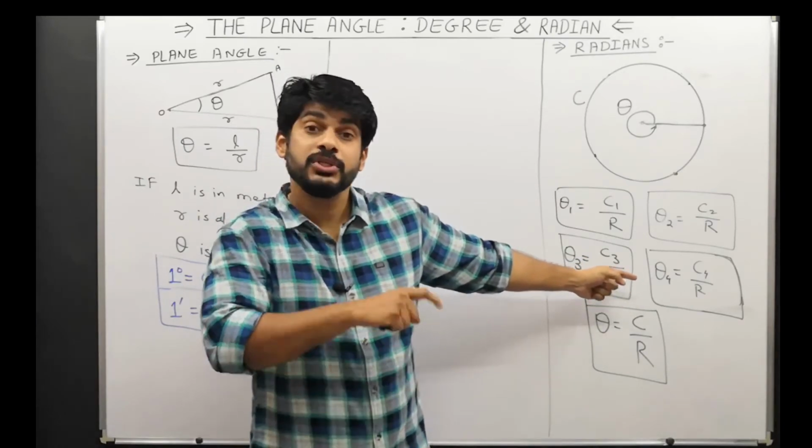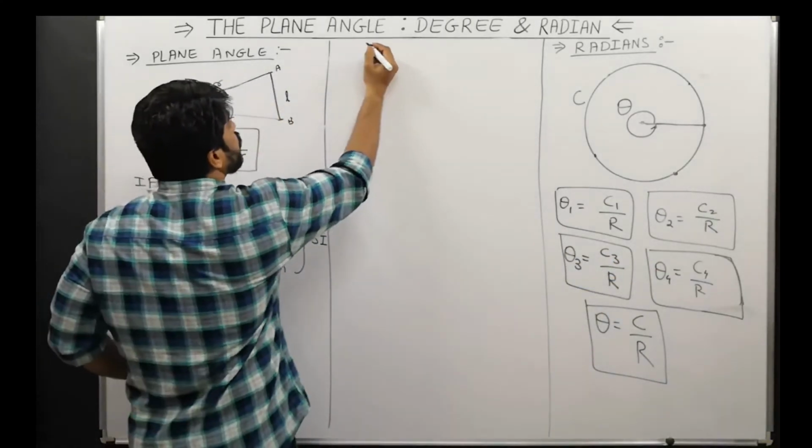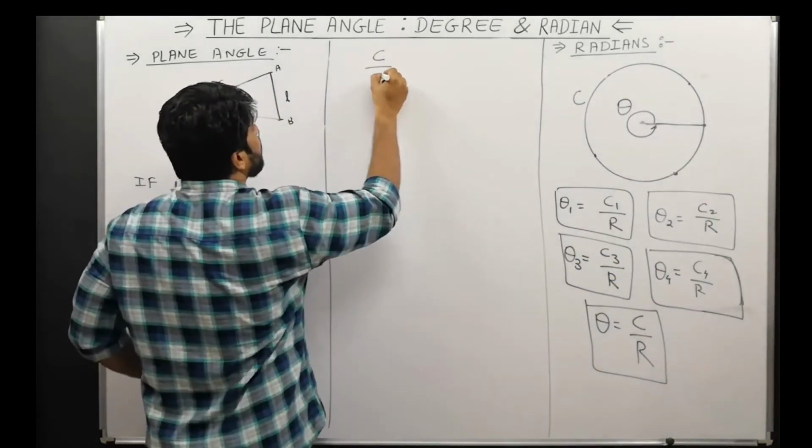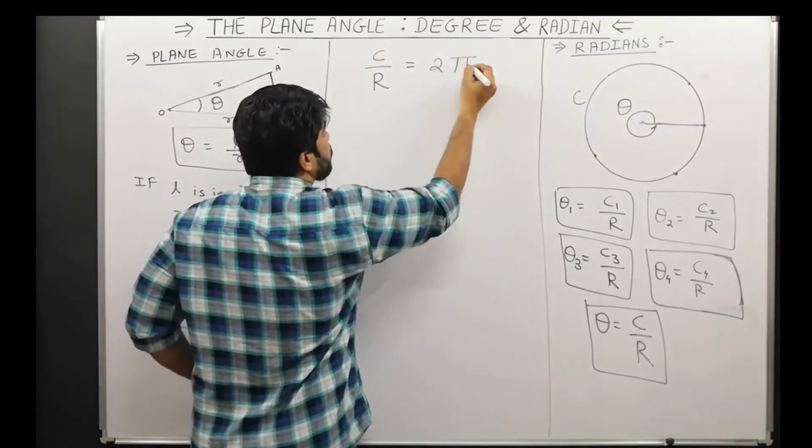They found that this ratio, that is C upon R, is always equal to some constant, 2 pi.